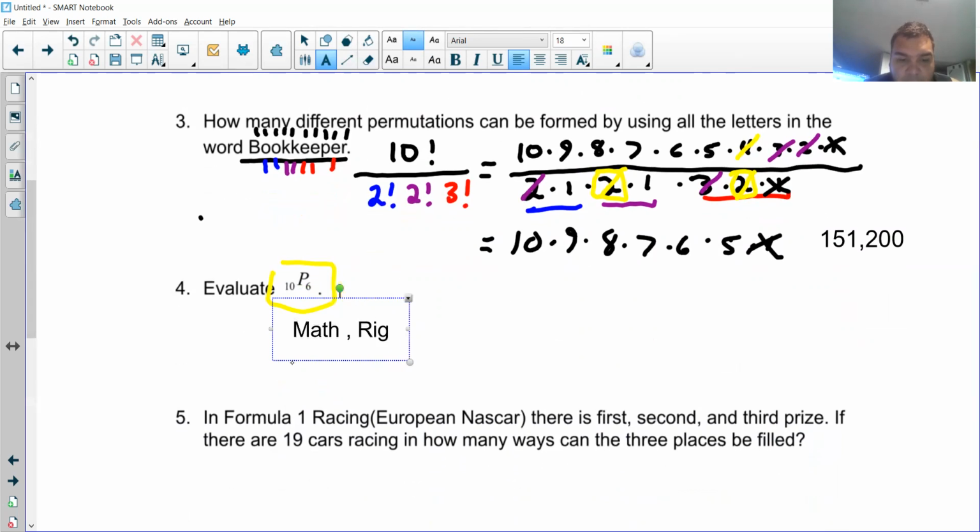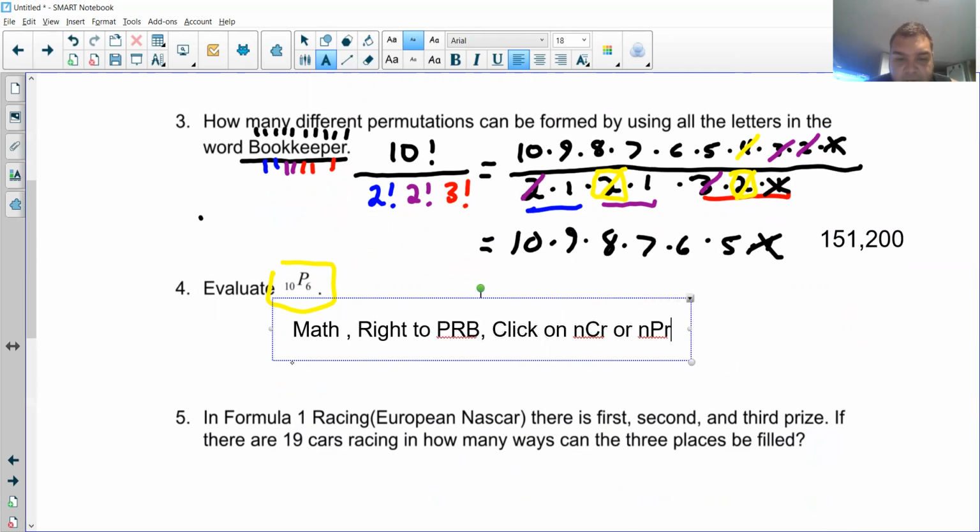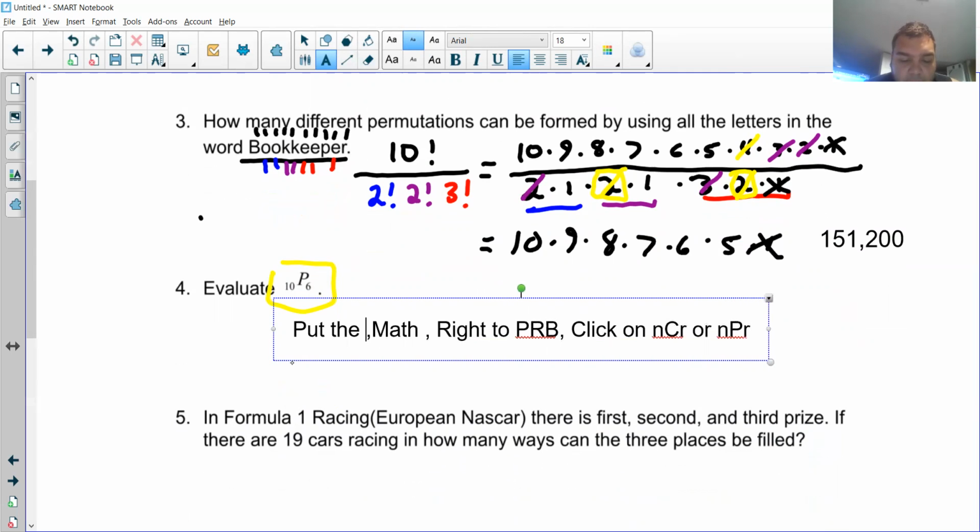Then you go right to PRB on the top right. Then you click on nCr or nPr, depending on the situation. I guess I should say, for most calculators, put the first number first.